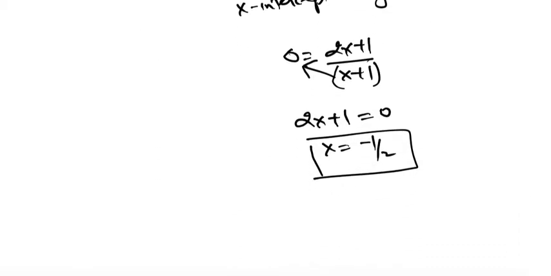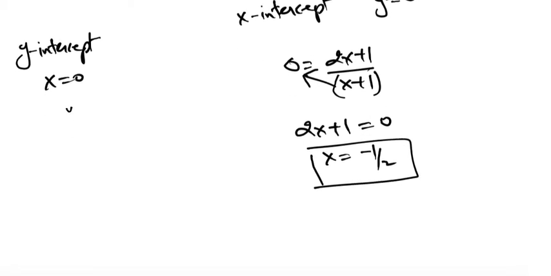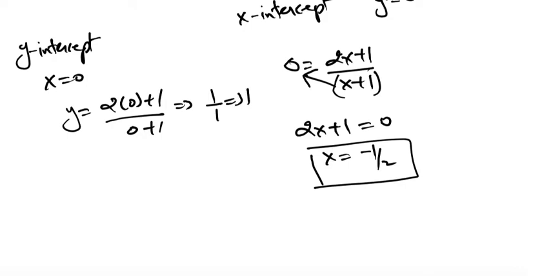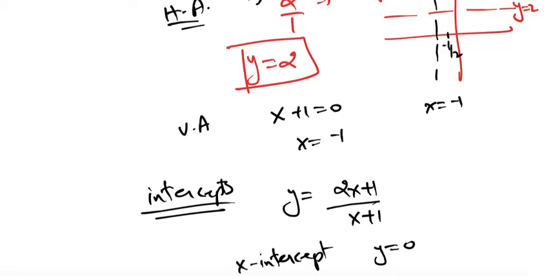Now for the y-intercept, put x equal to 0. So y = (2 times 0 + 1)/(0 + 1) = 1/1 = 1. So y is equal to 1 over here.